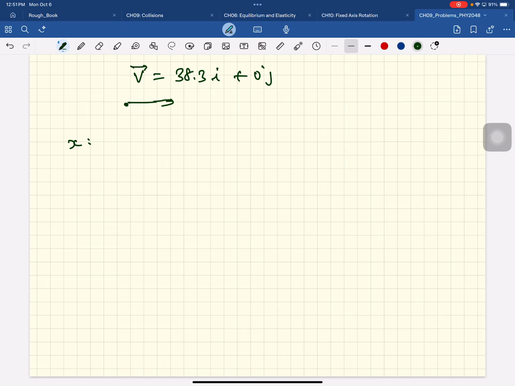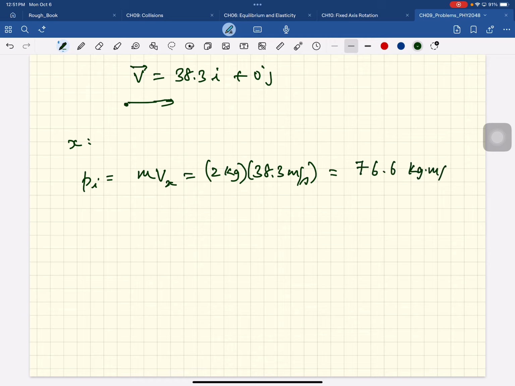And the momentum in the x direction is just mass times velocity in the x direction, which is 2 kgs times 38.3 meters per second, equal to 76.6 kg meters per second.